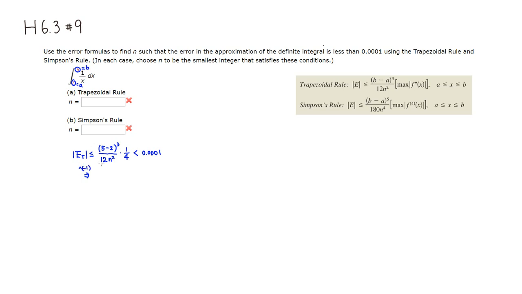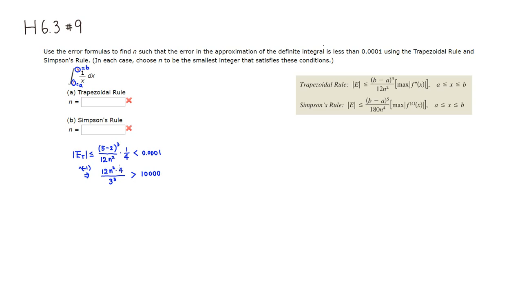You're going to have 12 times n squared times 4 on top, over 5 minus 2, which is 3, and you have to cube that. The reciprocal of 0.0001 is actually 10,000. When you take the reciprocal, we have to change the direction of the inequality.